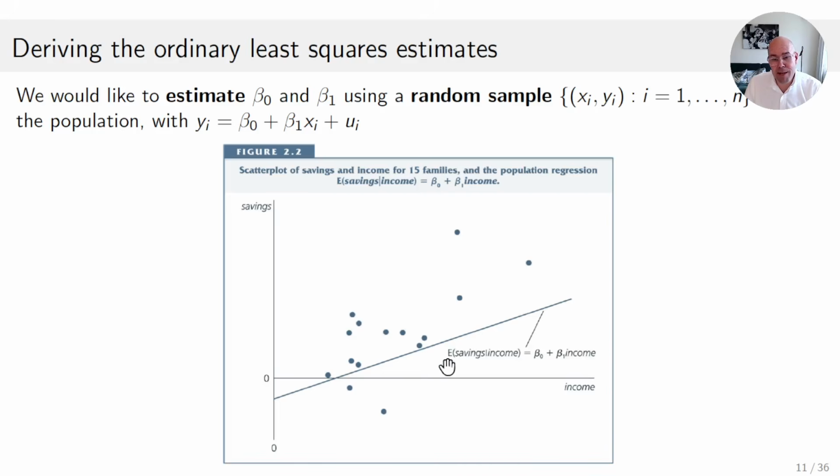So that's the expected savings given income, and that is beta naught plus beta 1 income that we wish to estimate, right? So all we get in our data are these data points, these dots, and we wish to estimate this relationship. This is the goal of the whole exercise.